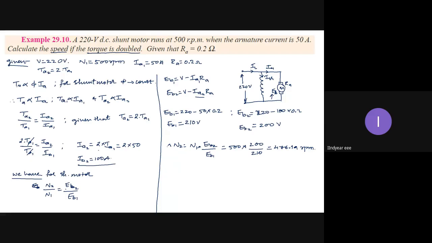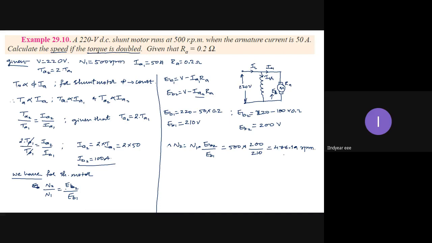Observe, the current is doubled, torque is doubled, but the speed is not halved. The speed decrease is only by some 23, 24 RPM, whereas current has gone from 50 to 100 amperes.